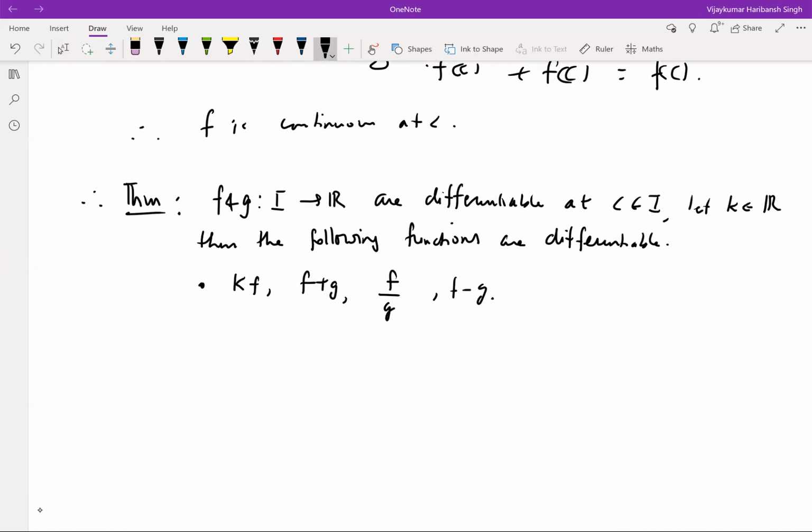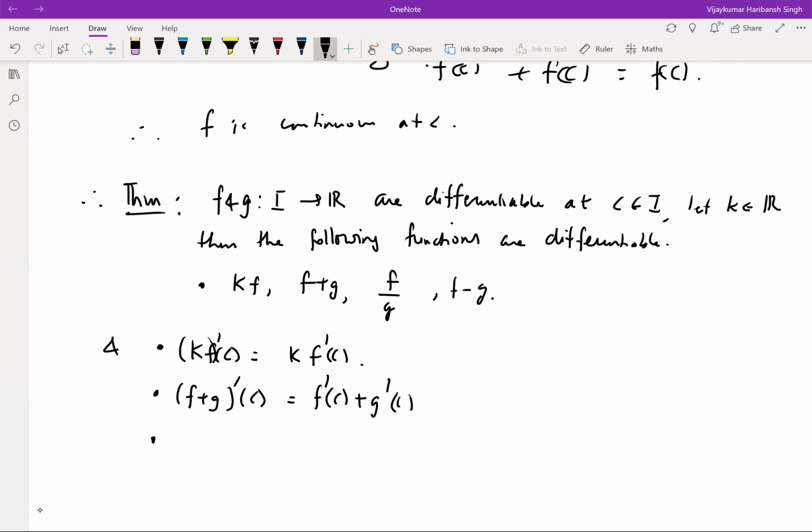And not only that, we have certain results for them. On top of that, we have that k f prime at c is the same as k times f prime of c. Then f plus g prime of c is f prime c plus g prime c. Second, f g prime of c is f prime c times g of c plus f of c times g prime of c.